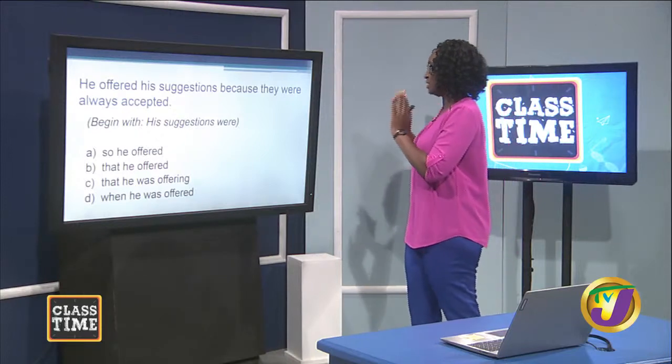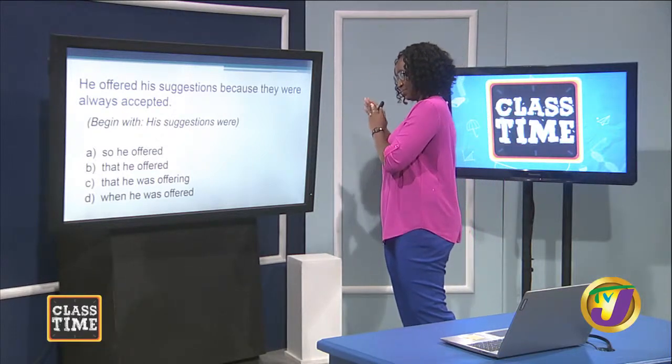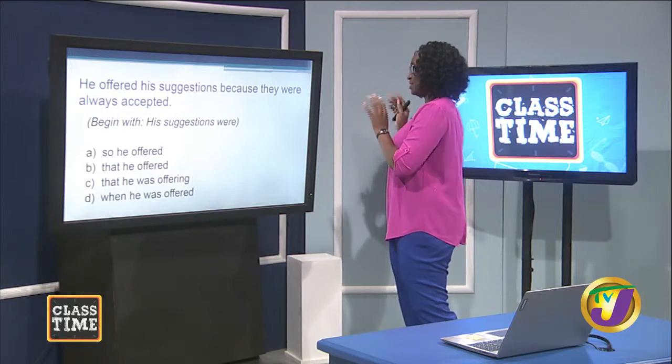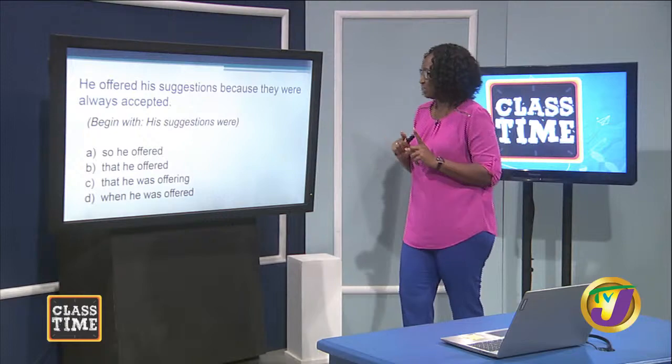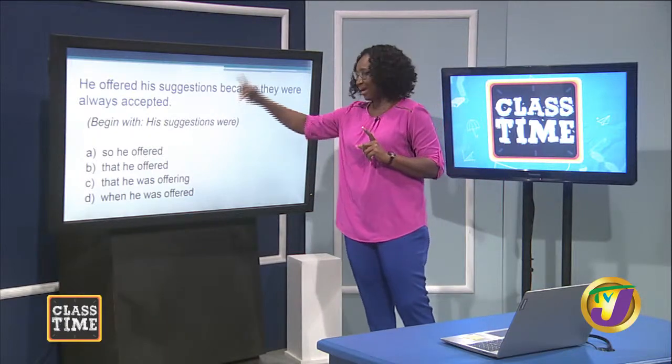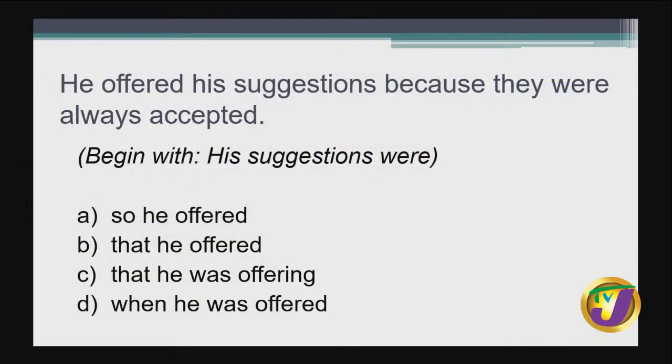You had he offered his suggestions because. And you have the rest of it that says they were always accepted. So the connection is between the suggestions and them being accepted. So now, you have to say his suggestions were something, something, something. So his suggestions were what?